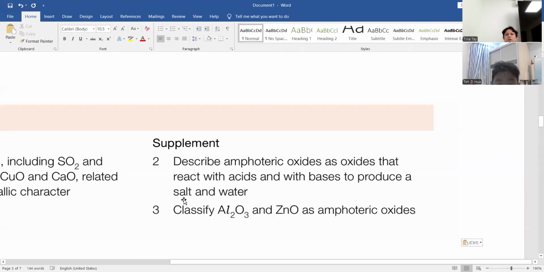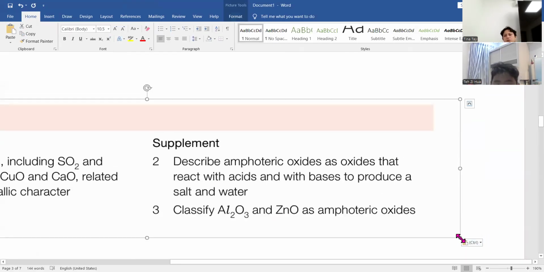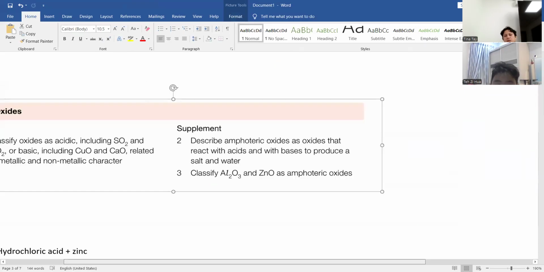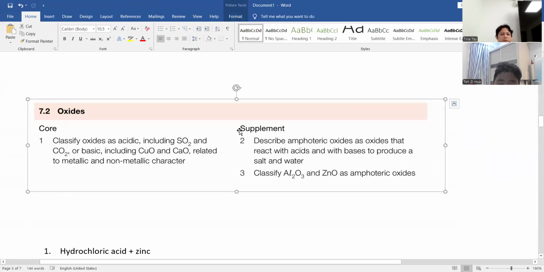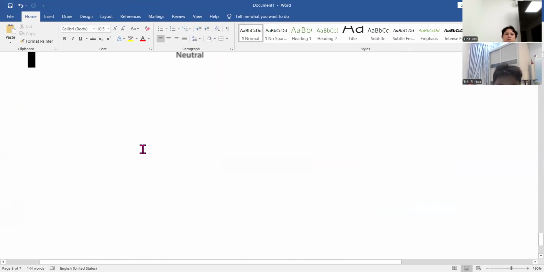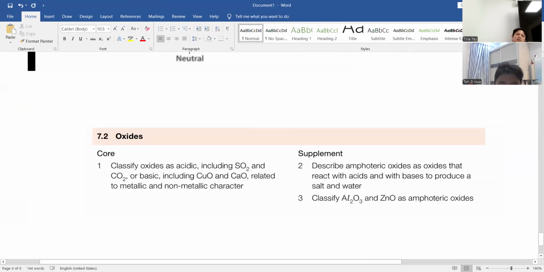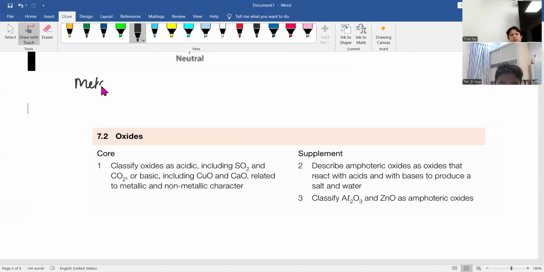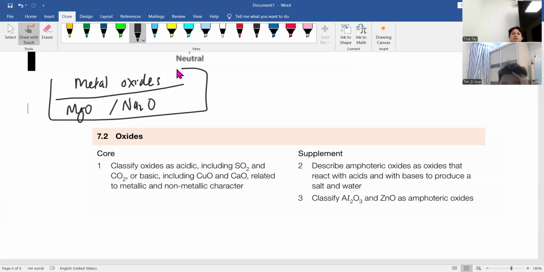All right. This is called oxides. So remember I told you all metal oxides are basic. Most metal oxides, such as magnesium oxide, sodium oxide, these are all basic.